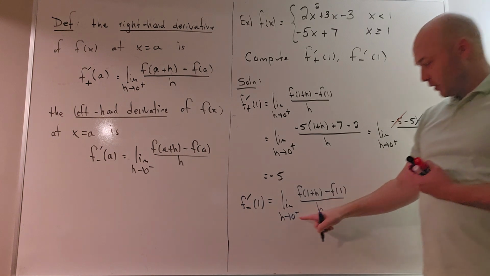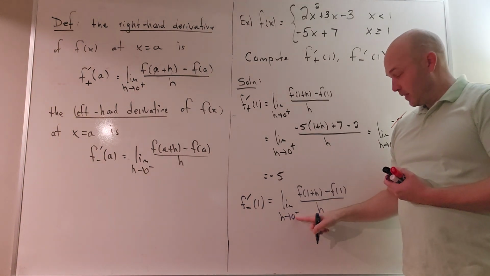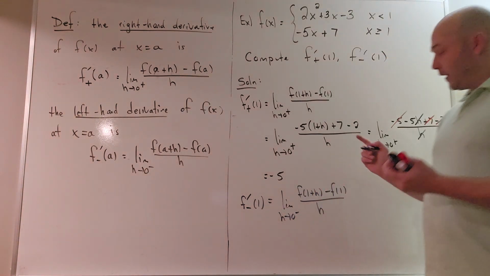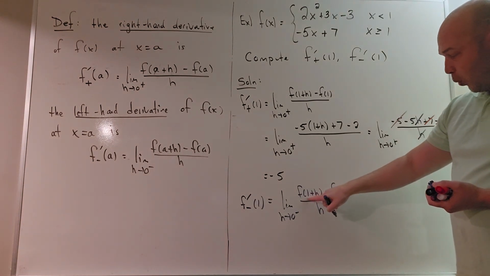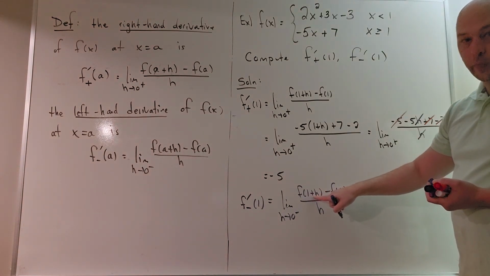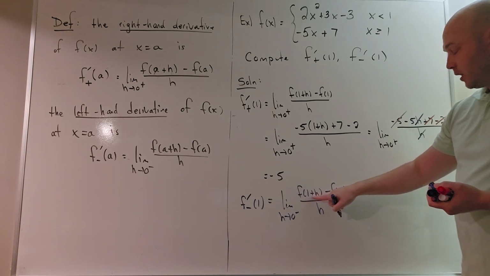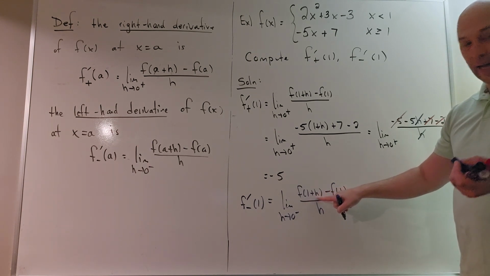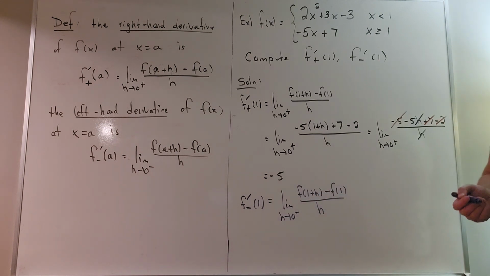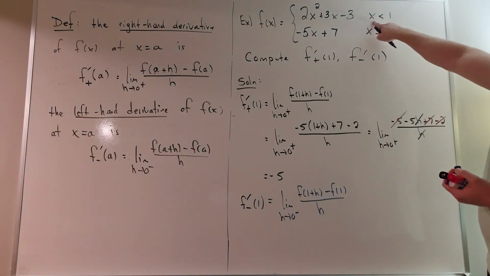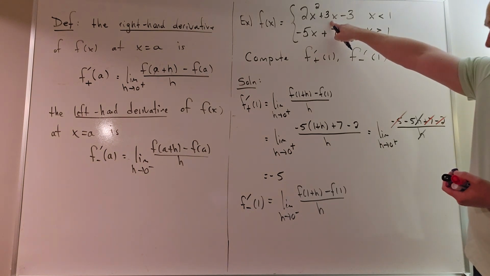Now, h goes to 0 from the left means h is negative. If h is negative, then 1 plus h, for example, 1 minus a half would be a half. 1 minus 0.1 would be 0.9. In other words, the inputs are less than 1. Which function expression do I use for inputs less than 1? That would be this top one here.